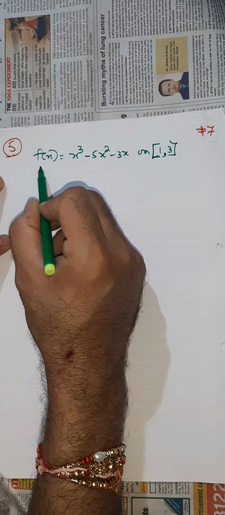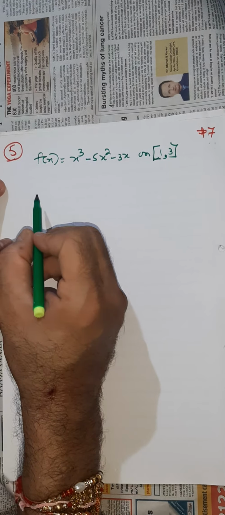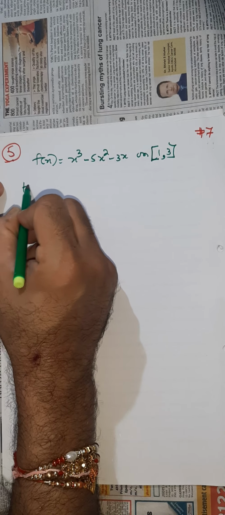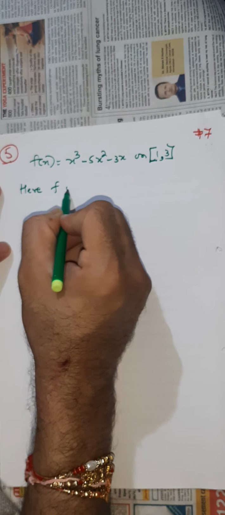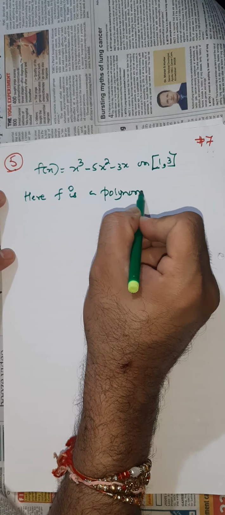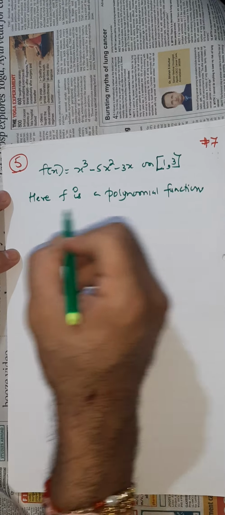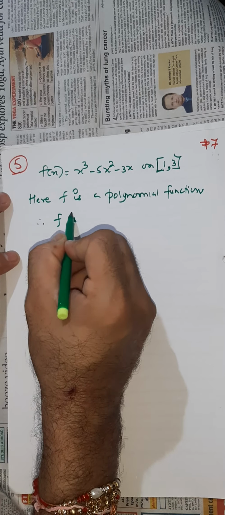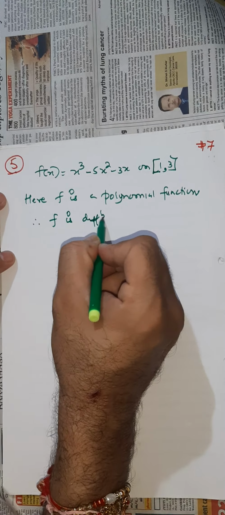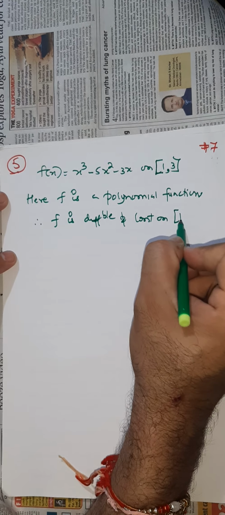So you are given this function on closed interval 1, 2, 3, and you are asked to verify first mean value theorem. So here again f is a polynomial function, and you know every polynomial is always differentiable and continuous, and therefore f is differentiable and continuous on closed interval 1, 2, 3.